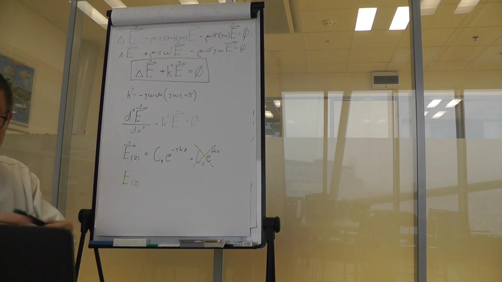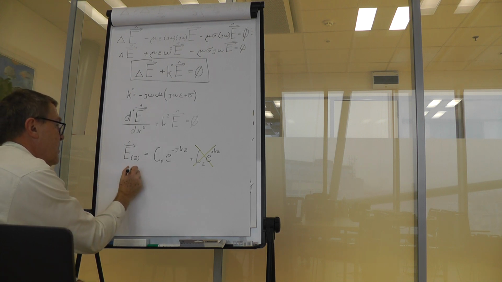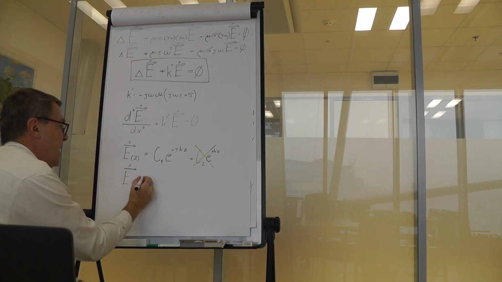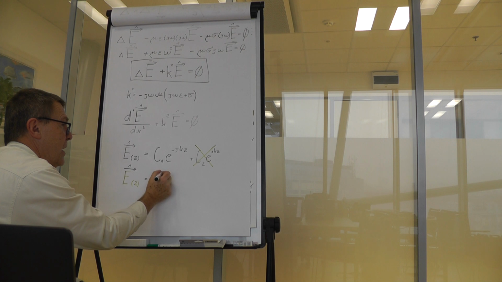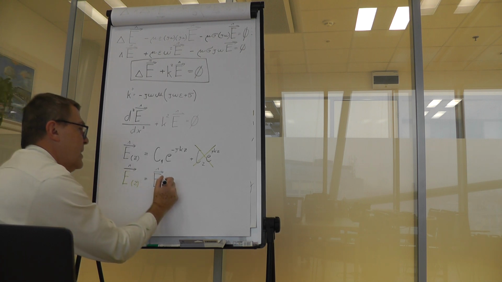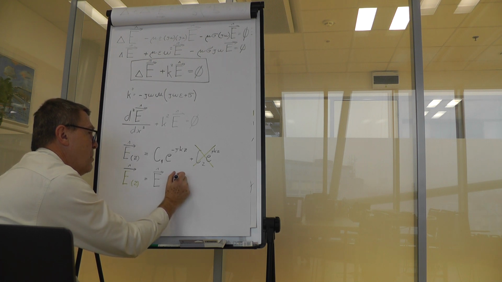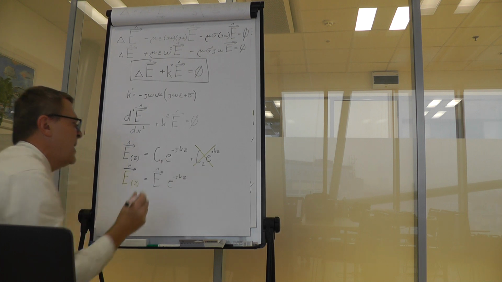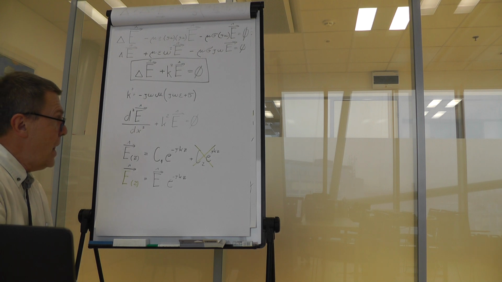So we have a new form of the solution which says that E vector phasor is the phasor of the wave at the beginning of coordinates times e raised to minus j k z.